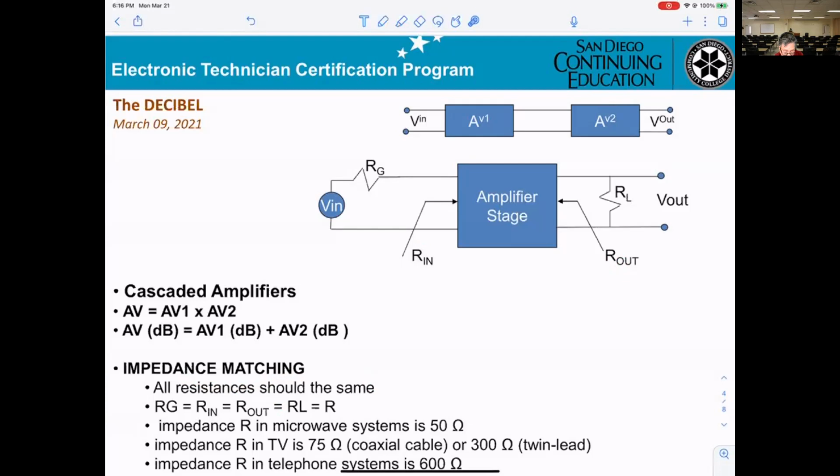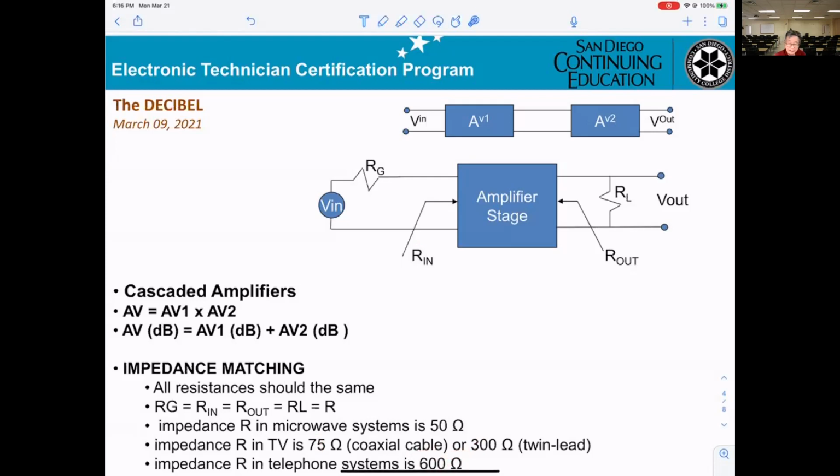Okay, impedance R in a microwave system is 50 ohm. Impedance R in your TV can be 75 ohm or 300 ohm. Impedance R in the telephone system is 600 ohm.